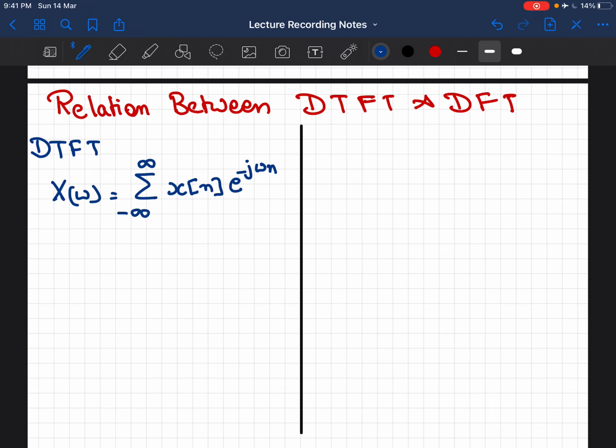So my omega, my angular frequency, varies from 0 to 2 pi, right? So let us just see how this omega varies.